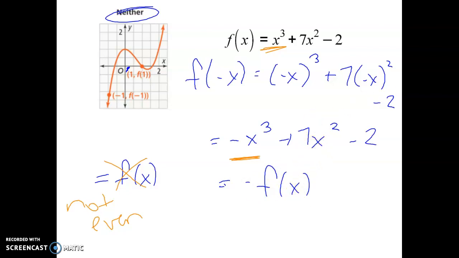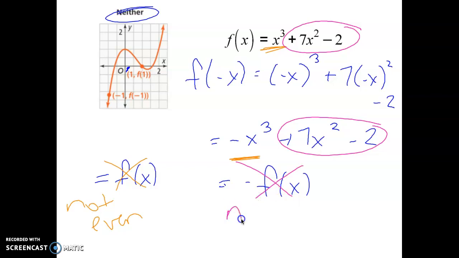Are all the signs different from what I started with? Well, no, because these two are the same as these two. The orange one is opposite, but the ones in the pink circle are the same. So it's not exactly the opposite either. So this one is not odd. So this one does not turn out to be symmetric in any way. It is neither even nor odd.